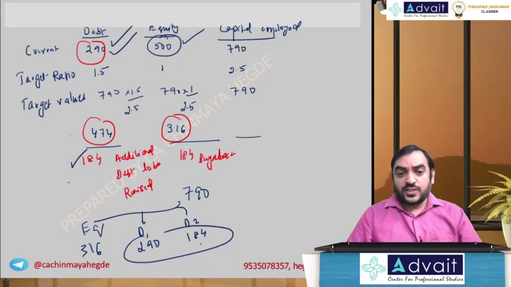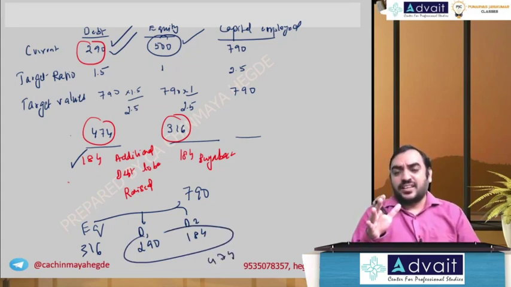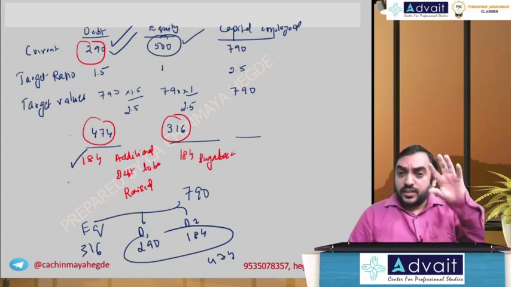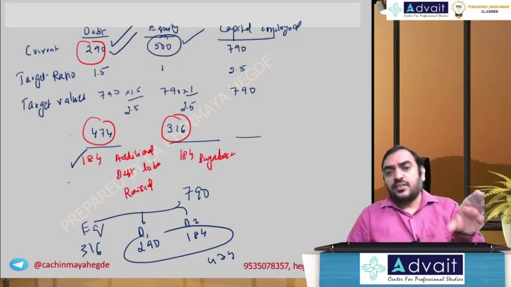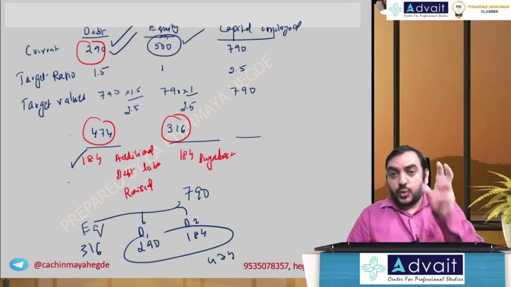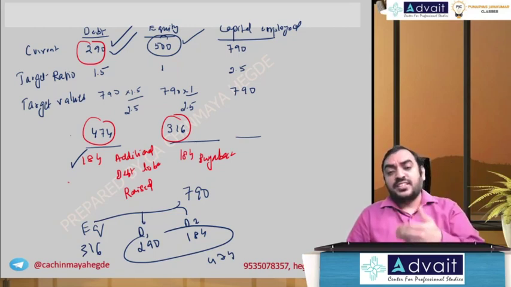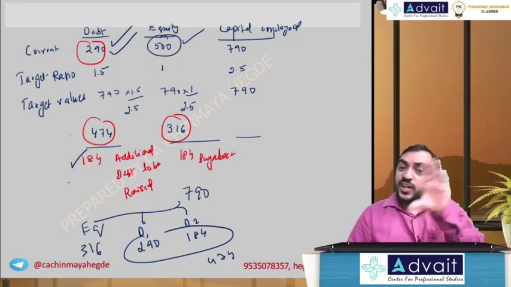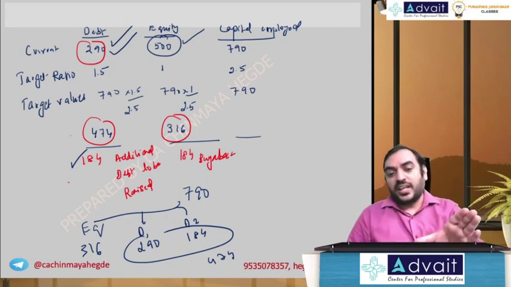That's what 290 plus 184 becomes 474. But 474 I will not calculate separately. I will not combine it. 316 is the weight of equity. 290 is the weight of debt 1. 184 is the weight of debt 2. So equity I keep separately, debt 1 separately, debt 2 separately.